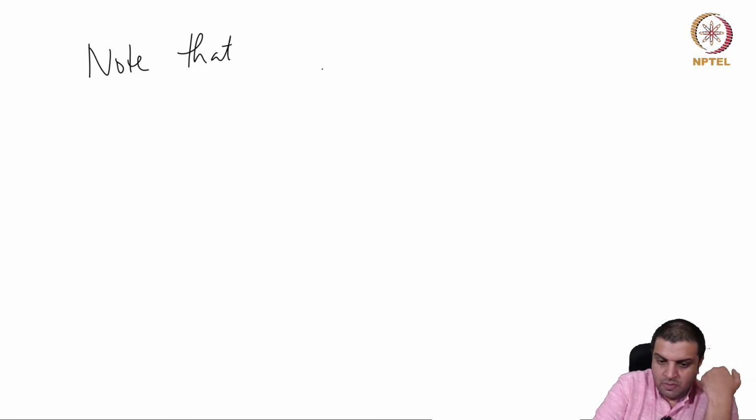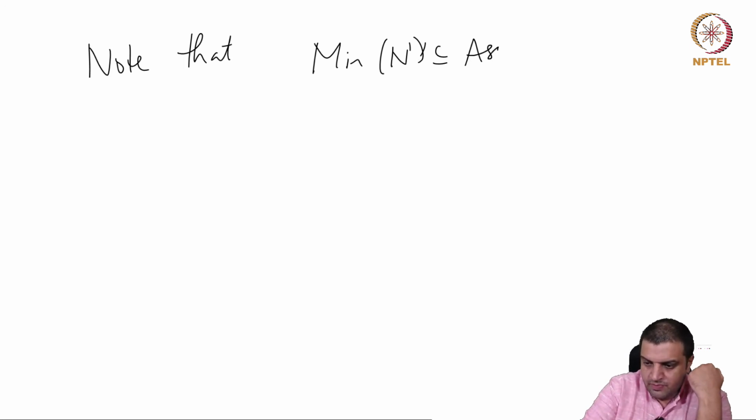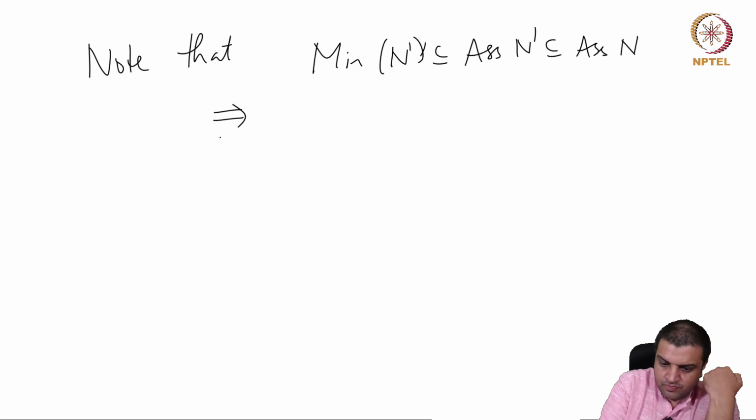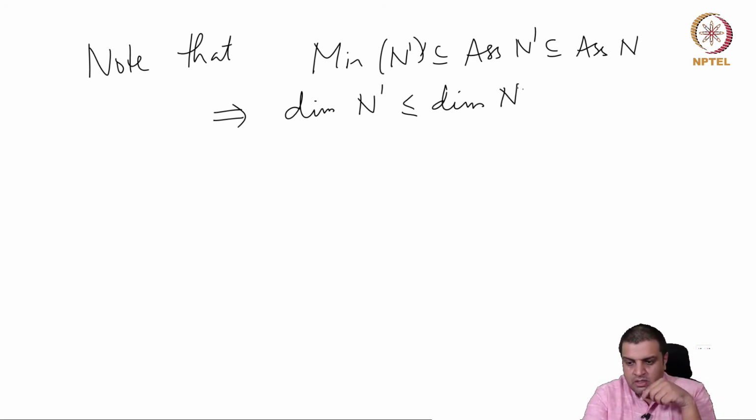So we need to check something. Note that the minimal primes of N prime are associated to N prime, which is associated to N. In other words, dimension of N prime is less than or equal to dimension of N, because dimension is the length of a chain from some such prime to a maximal ideal, and definitely that will include this.